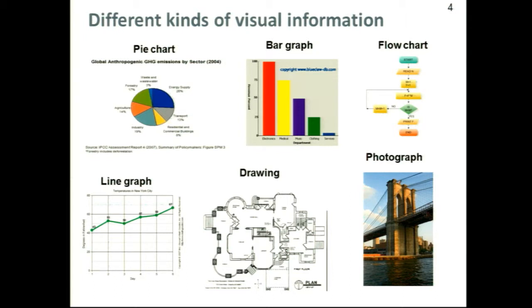We also have line graphs down in the bottom left-hand corner there. And line graphs, of course, are good for showing changes over time, primarily. There are also drawings and photographs. That's sort of the range of figures that are out there.